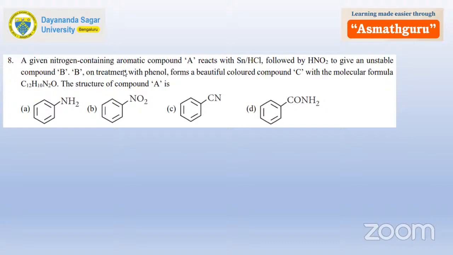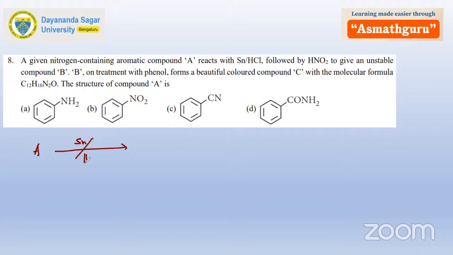A given nitrogen containing aromatic compound A reacts with tin and HCl followed by HNO2 to give unstable compound B. B on treatment with phenol forms a beautifully colored compound C with a molecular formula C12H10N2O. The structure of compound A is. Say it says A reacts with tin and HCl. That means reduction.